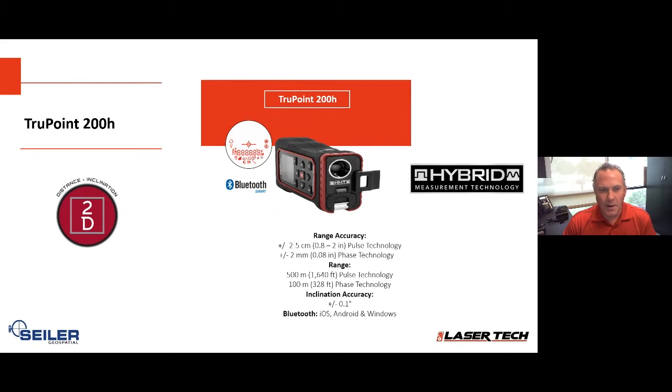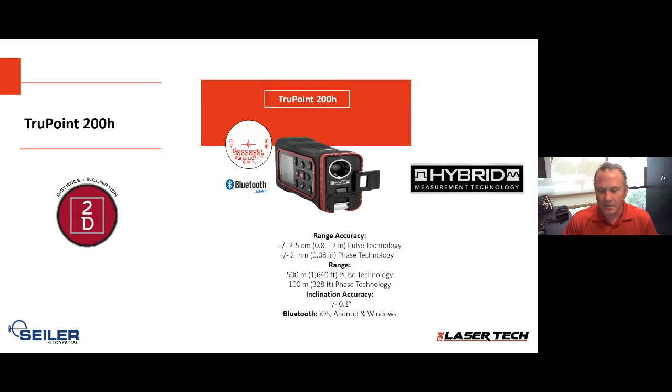One of the newest models we've come out with is called the TruePoint 200H. We just released this over this last year. We call it the hybrid laser. We've taken that pulse technology I've talked about, where we don't need a reflector, a reflectorless technology, and we've combined it with a phase technology, which is kind of like your laser pointer, so you can actually see the laser pointer. We've combined those two different measurement technologies into one device. With that, we were able to increase the accuracy.